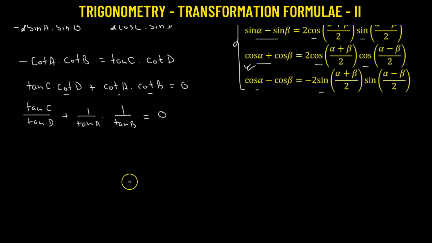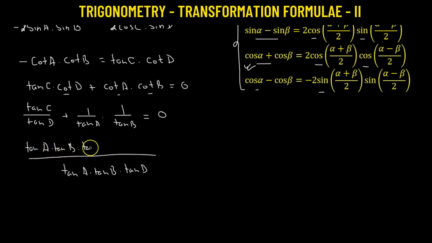So let's combine them. So we have in the numerator tangent of angle a times tangent of angle b times tangent of angle c plus tangent of angle d, and this will be equal to 0.